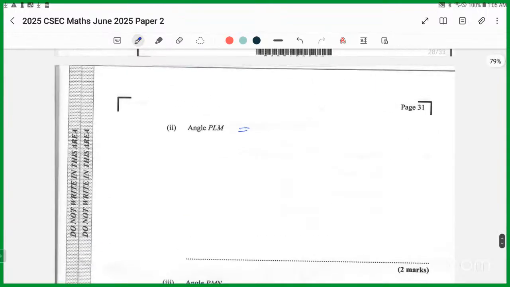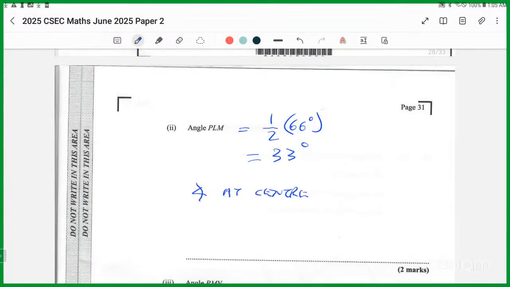So this is equal to half of the 66 degrees, which is 33 degrees, because angle at the center of a circle is twice the angle at the circumference. The one at the circumference must be half the one at the center. The one at the center is bigger by 2.